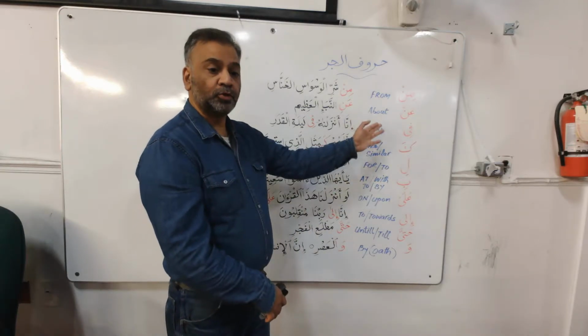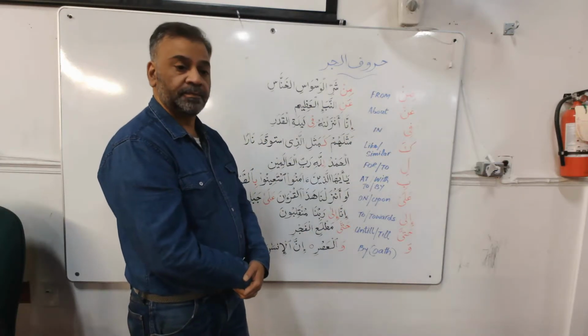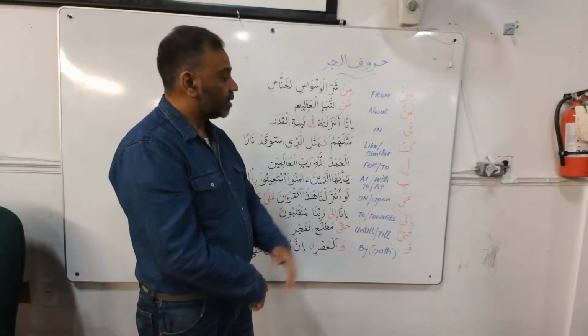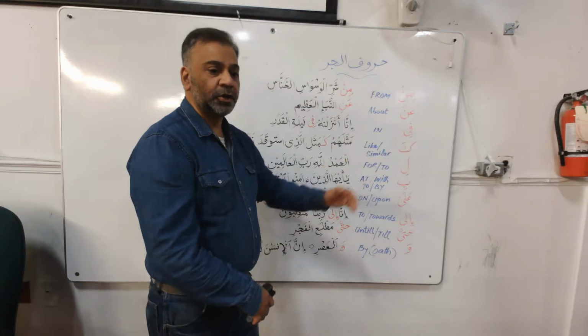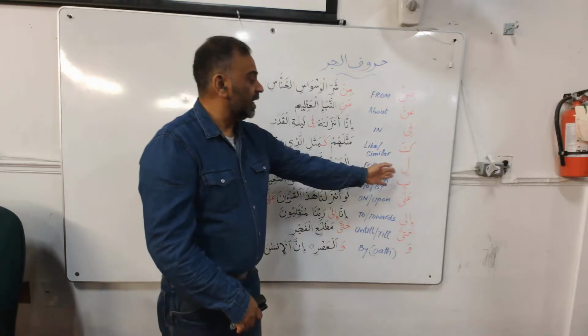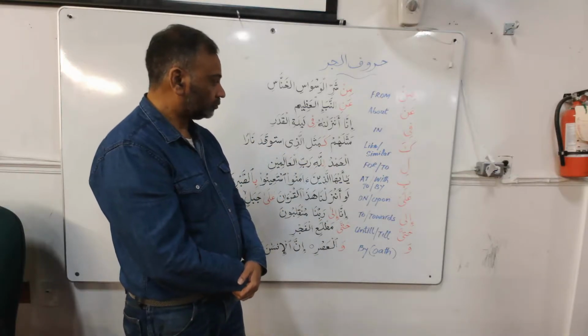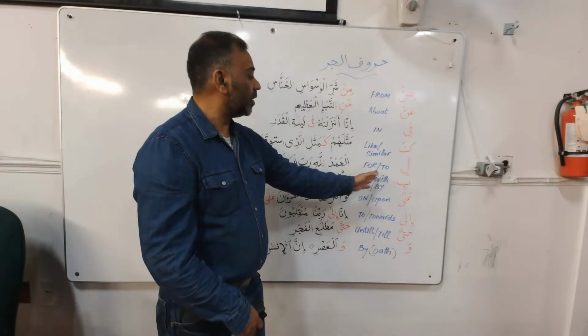An means about. Fi means in. Ka, like or similar to. Li, for or to. Be, at, with, to or by.